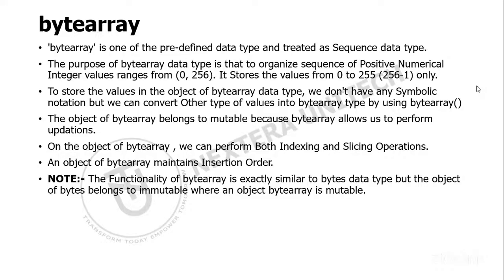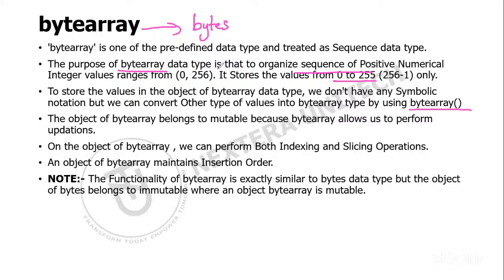Byte array is the same as the bytes data type, but there is a small difference between bytes and byte array. Let us understand it. The purpose of byte array is similar to bytes, which helps us store a sequence of positive integers from 0 to 255 only. If you want to convert any other objects into a byte array, we use a function called the bytearray function.